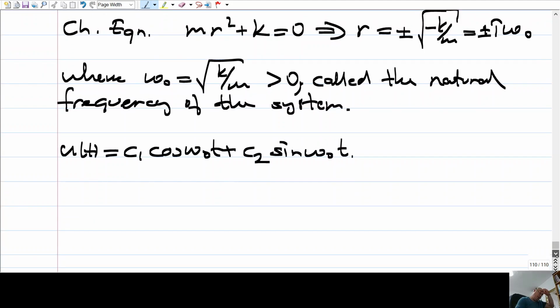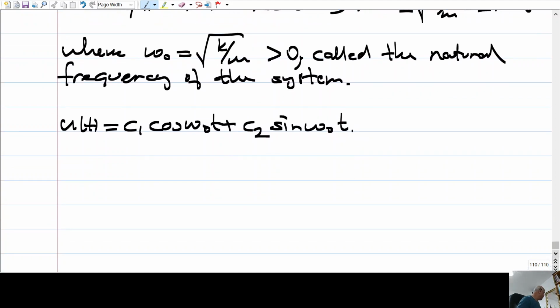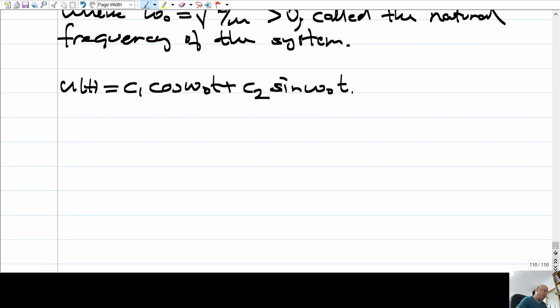Now if we were given some initial conditions, suppose, so this is the general solution.